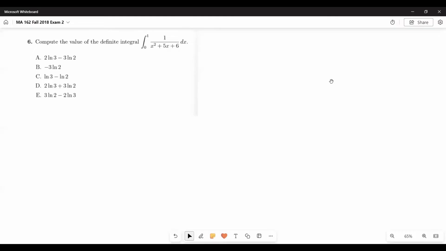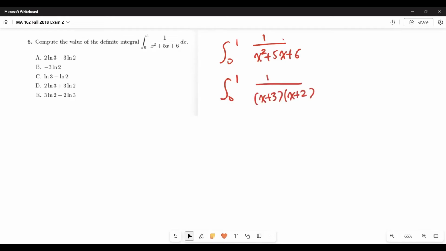Okay, so this question asks to compute the value of the definite integral from 0 to 1 of 1 over x squared plus 5x plus 6. This is the same as the integral from 0 to 1 of 1 over (x plus 3)(x plus 2), right? You just separate x squared plus 5x plus 6 into x plus 3 and x plus 2.